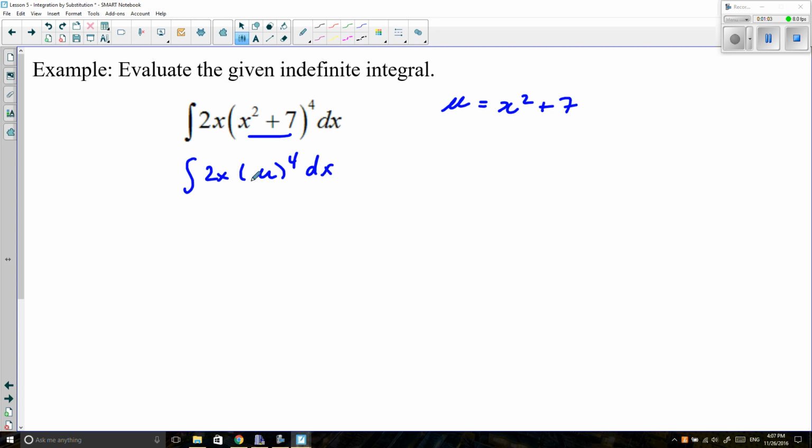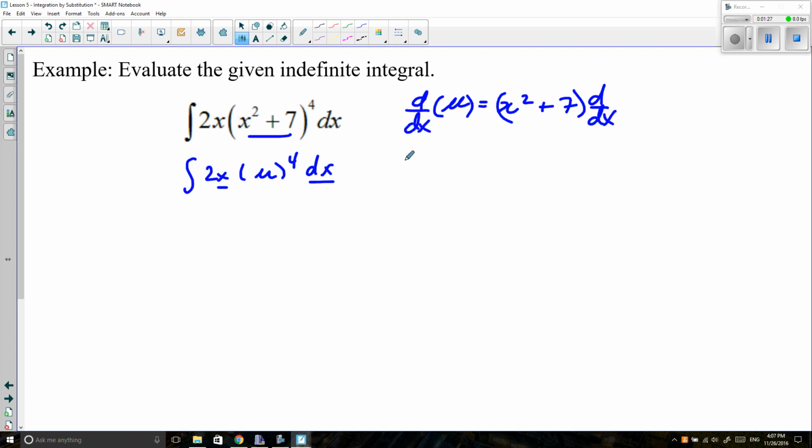Right now, it's not ready to be integrated because I have an x still there, and I still have dx, so I can't integrate yet. I need to rewrite 2x and dx in terms of u instead. To do that, I take u equal to x squared plus 7 and differentiate both sides with respect to x.